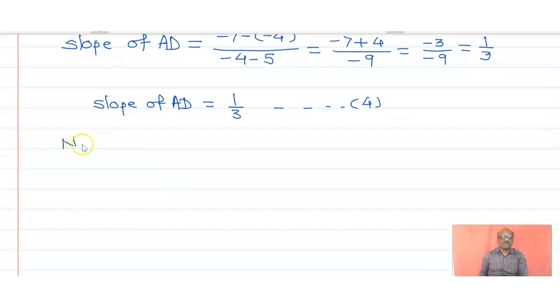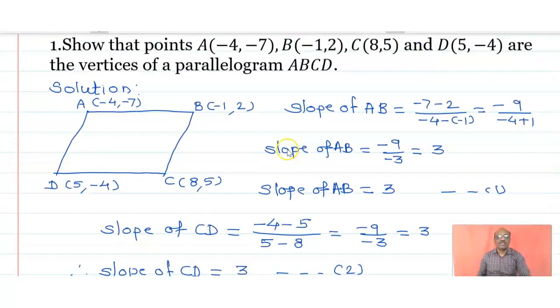Now, slope of BC. Again, the difference of y coordinates upon the difference of x coordinates.